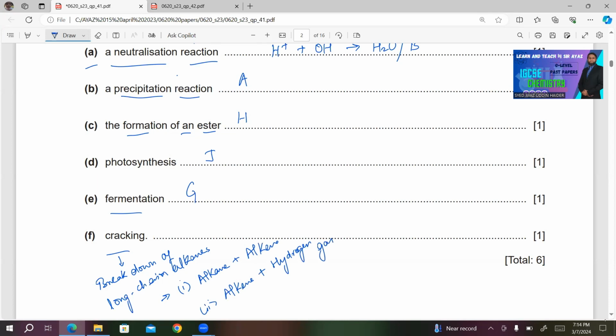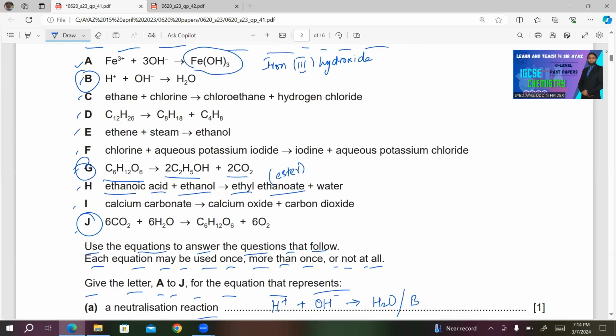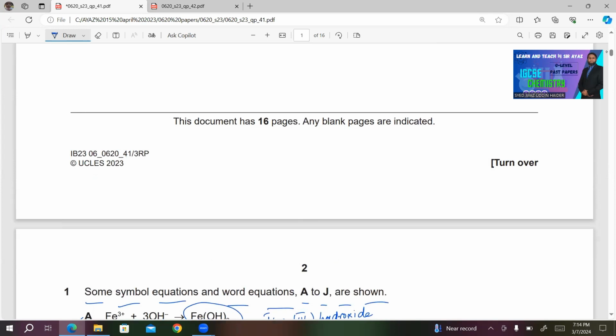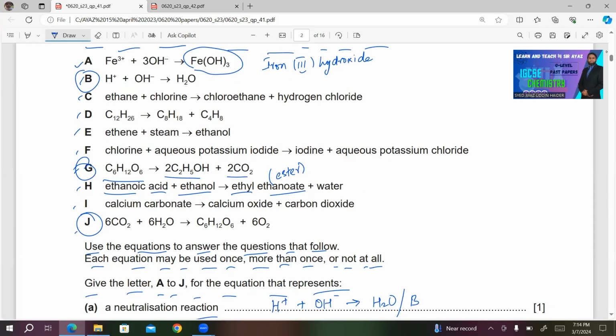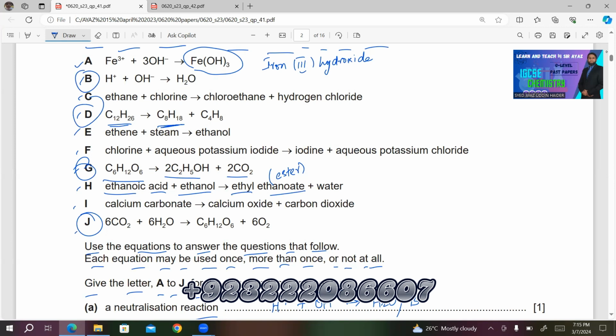So let's see the choices. If you look at all the choices, you will find this reaction as cracking, number D. This is dodecane, and it's broken down to produce octane and butene.